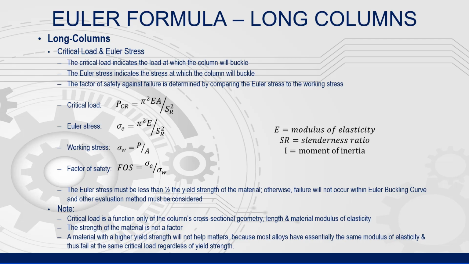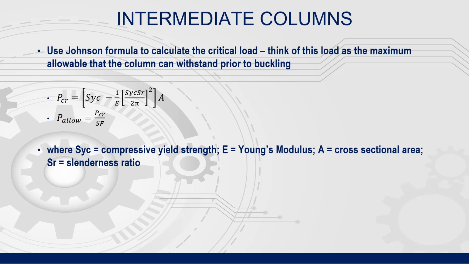Otherwise, failure will not occur within the Euler buckling range, and other methods of analysis will be needed. When the column is considered short or intermediate, the Johnson equation must be used. Factors of safety compare the Johnson load or stress to the applied load or stress.